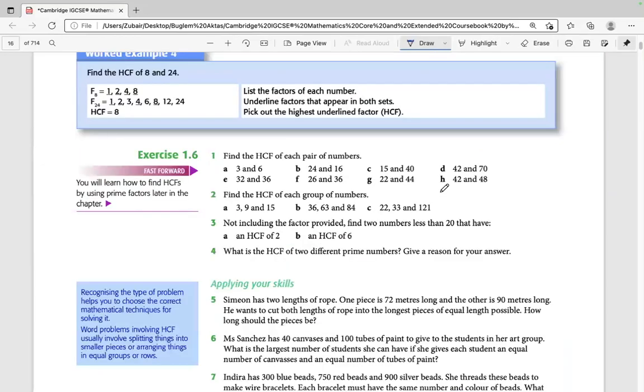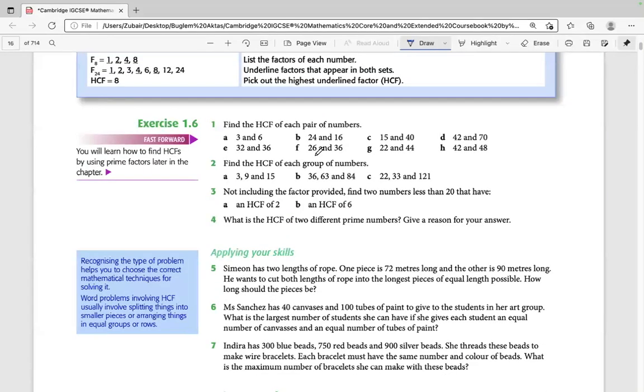Okay, so we have these pairs. I'm just moving forward because you give me that confidence that you know them, and we can spend some time on the next topics. So we know how we have to find the HCF. Just to be sure, can we just practice these first two, A and B?